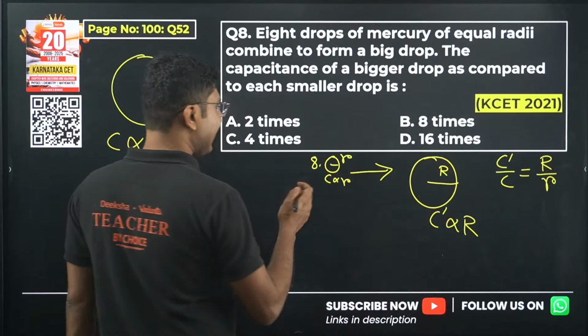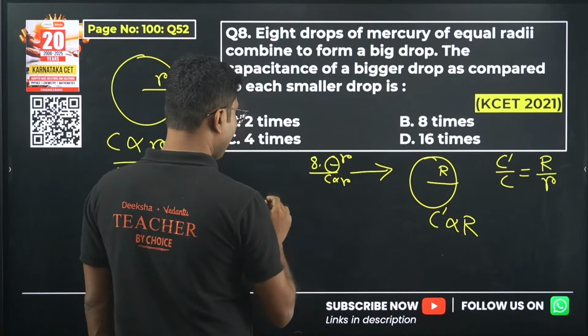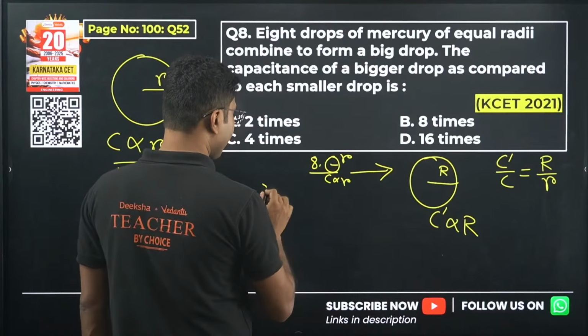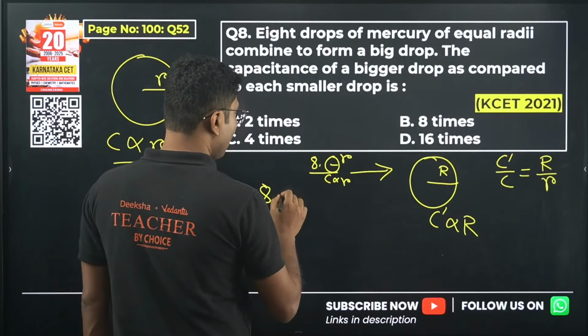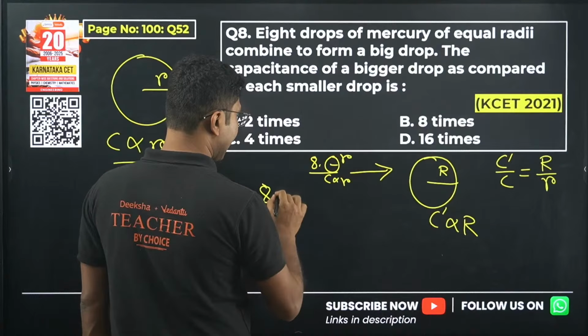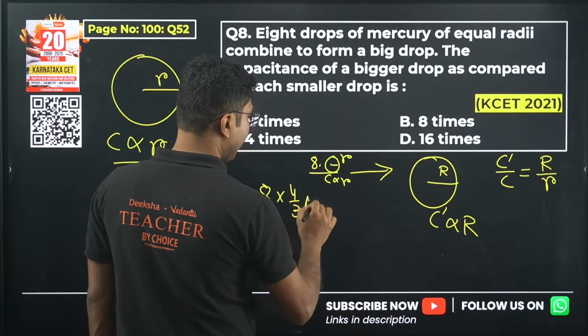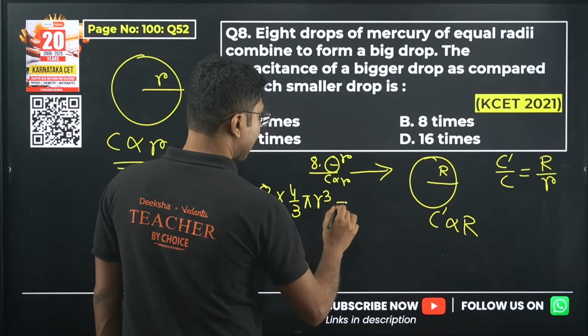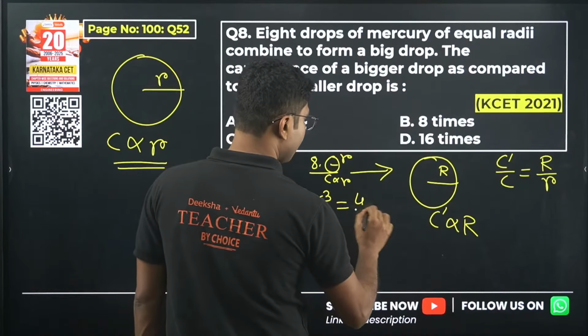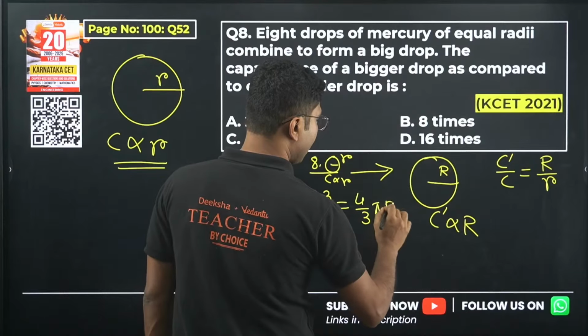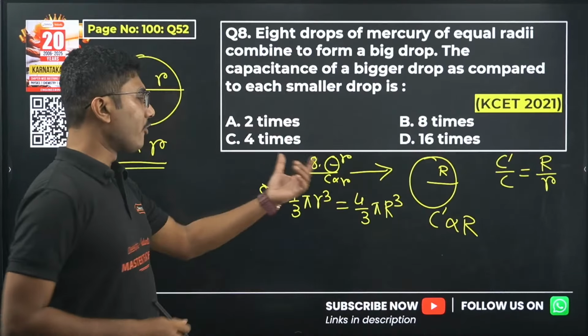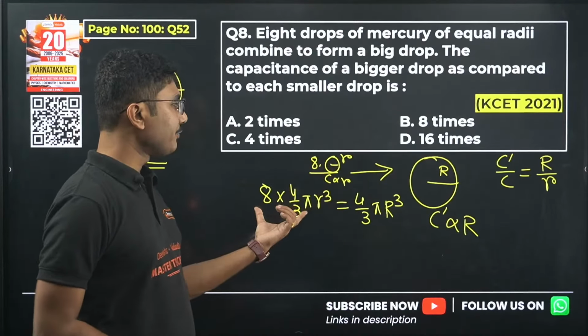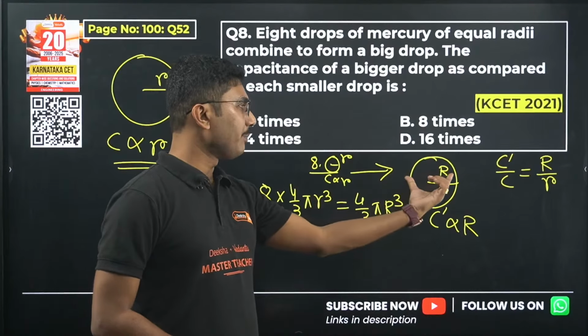Now, 8 are combined, so the total volume of 8 small spheres is 8 × 4/3 π r³, and that equals 4/3 π R³, the volume of the larger sphere.